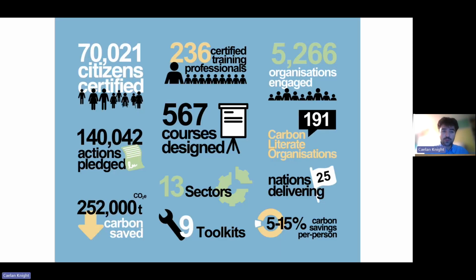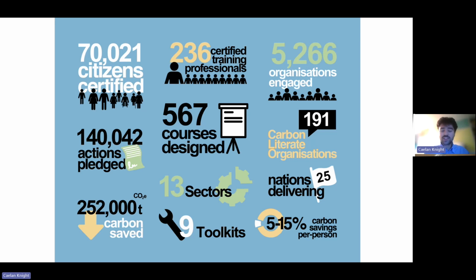So you might wonder, how are we doing as a project? We started in 2012. We're still a very small charity, but the value of what we do is that carbon literacy training is very much self-sustaining. We support you to deliver carbon literacy training. We don't actually deliver it ourselves.